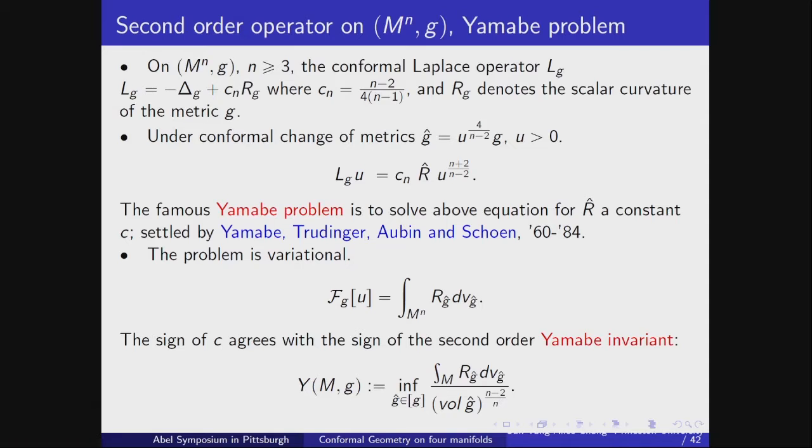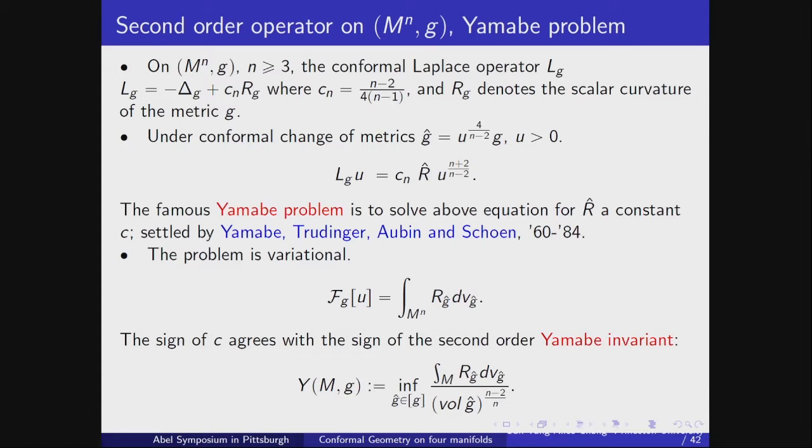Remember, we studied the Laplace operator. Here we study the Laplace but plus a potential function, and that potential function turns out to be the scalar curvature of the metric. I will say a little bit about scalar curvature later.